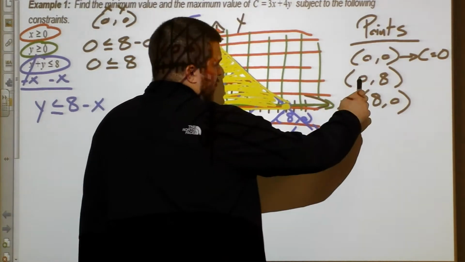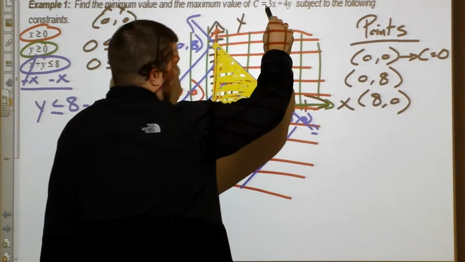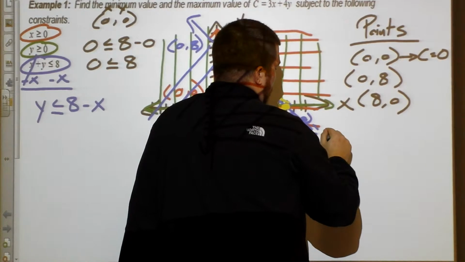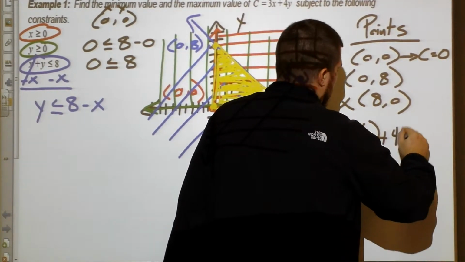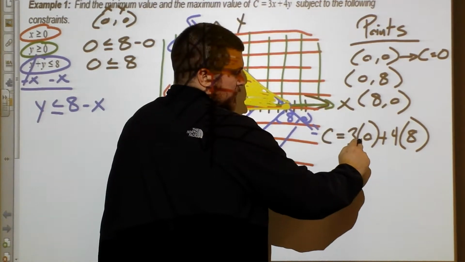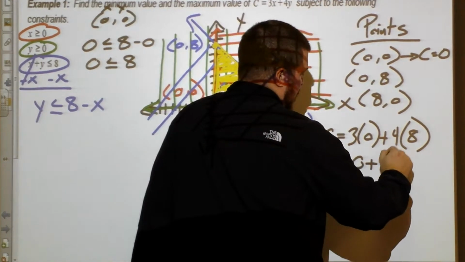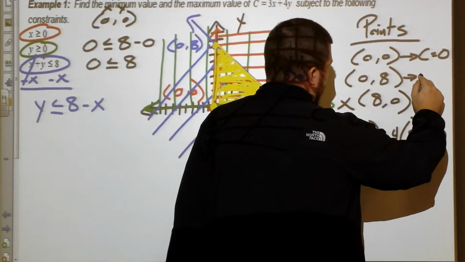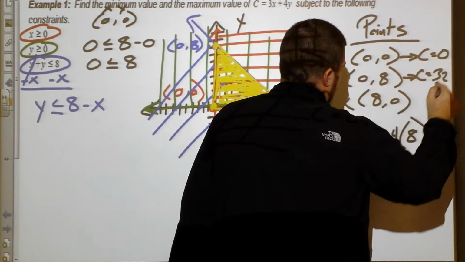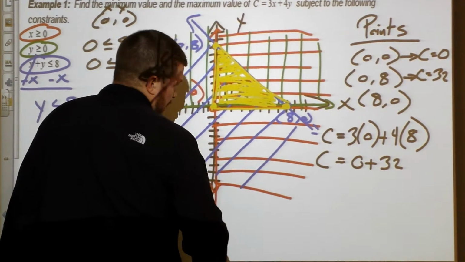For the second point, x is 0, y is 8. I'm plugging into my objective function. So I have the cost is equal to 3 times 0 plus 4 times 8. 3 times 0 is 0. 4 times 8 is 32. So my cost is 32 at this point. Okay, that was scratch work.